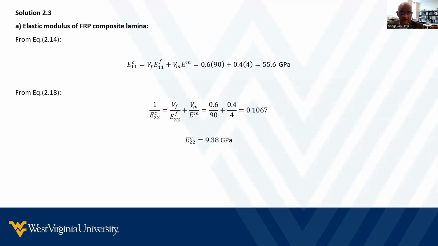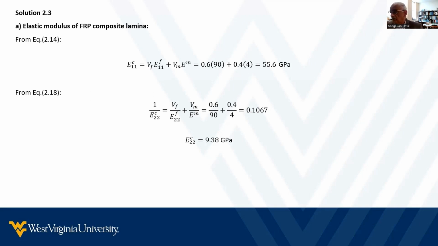Now, the next slide deals with the elastic modulus computations based on the rules of mixture or inverse rules of mixture, as we derived in equations 2.14 and 2.18 respectively. The composite modulus is about 55.6 GPa.